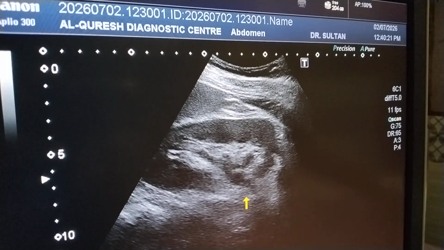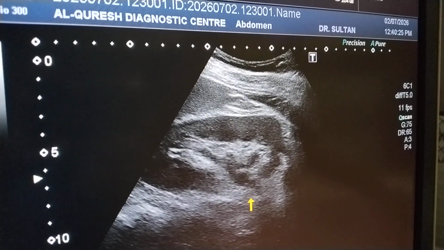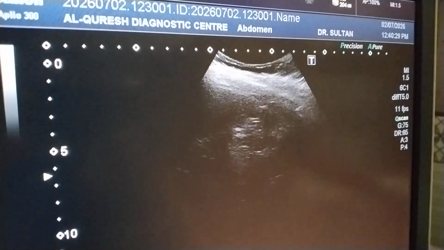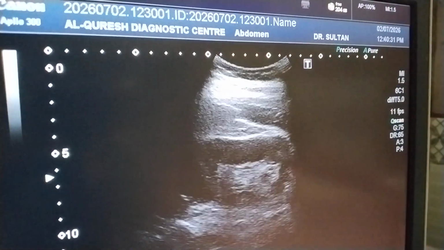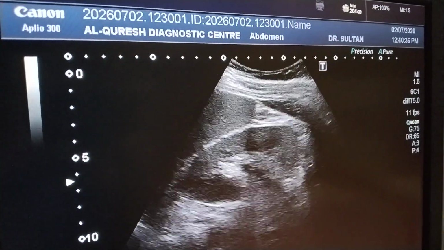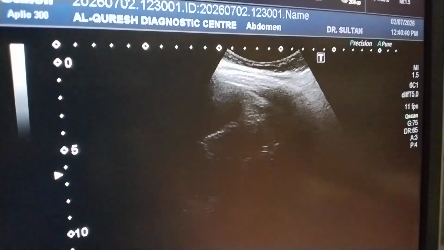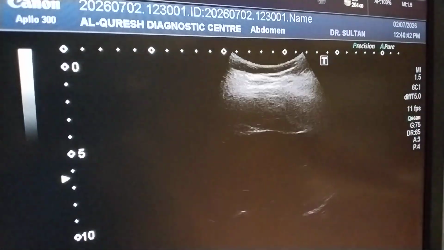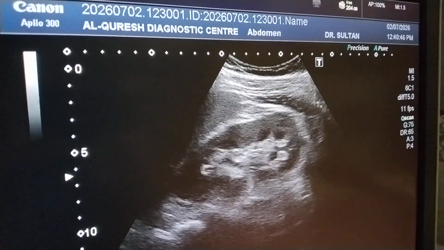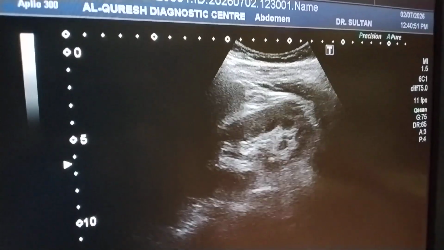When we can appreciate the PUJ and no stone is found, then we should locate the remaining ureter, that is the proximal ureter. Number two is the upper abdomen part, or we can say the proximal ureter.